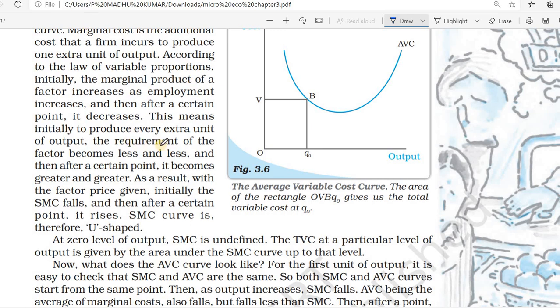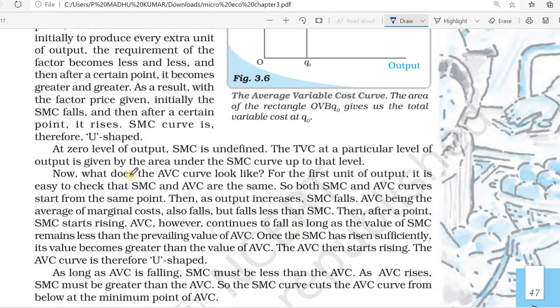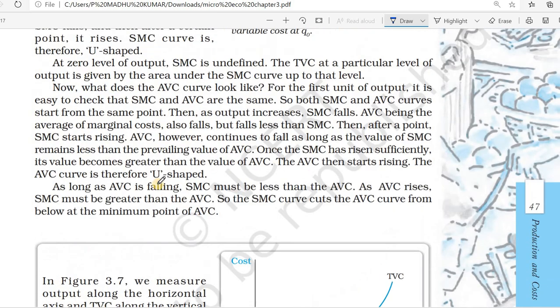It's U-shaped. Once SMC has risen sufficiently, its value becomes greater than the value of average variable cost, then the average variable cost starts rising, the SMC curve cuts it, therefore it is U-shaped.